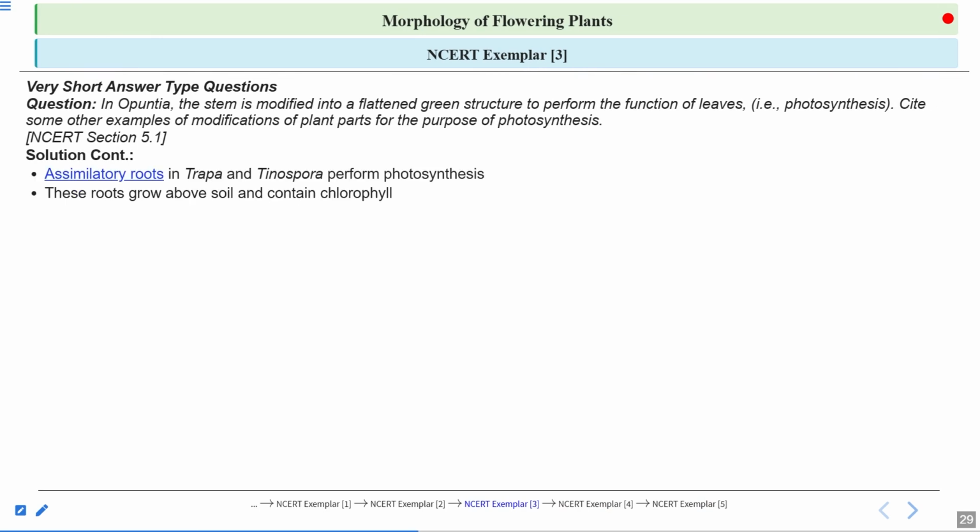Assimilatory roots in Trapa. See, assimilatory roots mean the ones that do the process of assimilation, right? Assimilatory roots in Trapa and Tinospora perform photosynthesis. So in these two examples the roots do photosynthesis, and these roots grow above soil and contain chlorophyll.